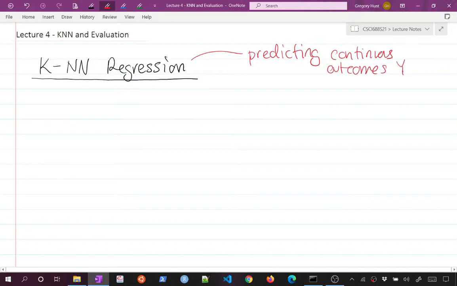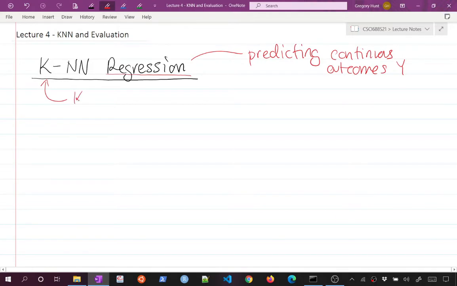So as I said before, the word regression in kind of a machine learning or statistical learning framework, more broadly than just linear regression, means any kind of problem where we're predicting a continuous outcome. So linear regression, or least squares linear regression, is the first technique, and KNN regression is another technique that tries to solve the same set of problems.